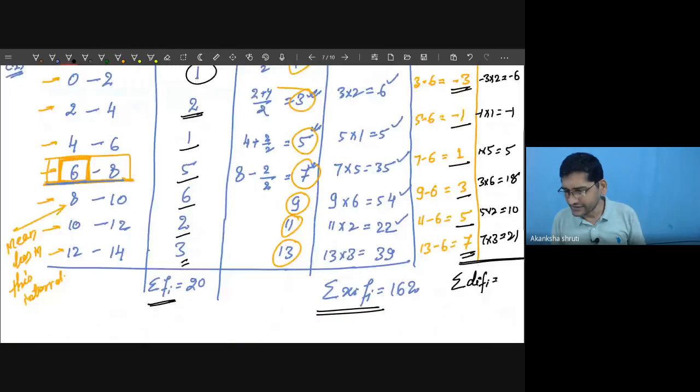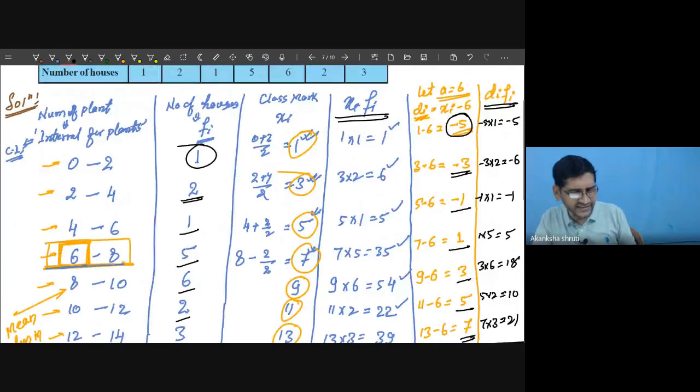Go for adding this. Students, while adding you will observe it becomes very convenient, very easy, even a simple number. How is that?